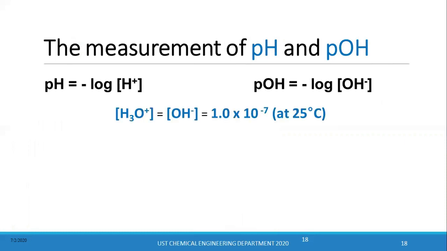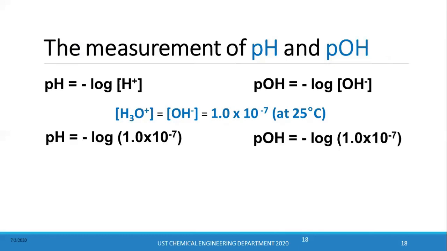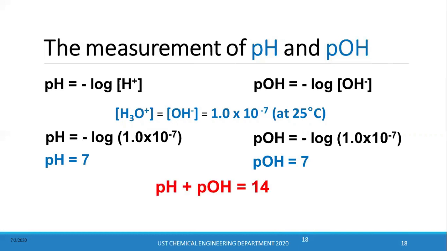Recalling the hydronium and hydroxide ion concentrations of water and applying the formula for pH and pOH, it can be seen that the pH and pOH of water at 25 degrees Celsius is equal to 7. And it can be seen that the sum of this pH and pOH values is equal to 14. This realization is very important for our succeeding calculations in pH of various solutions.